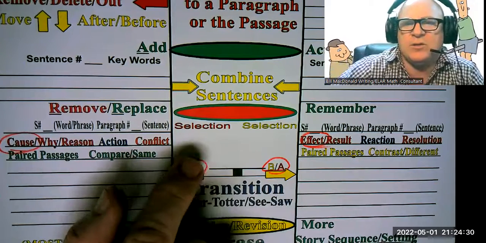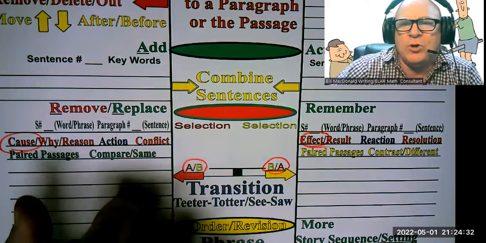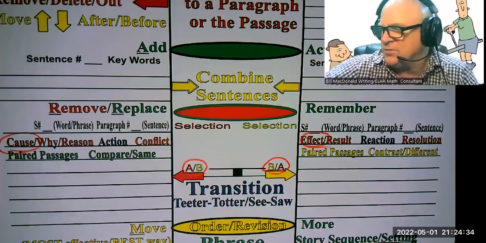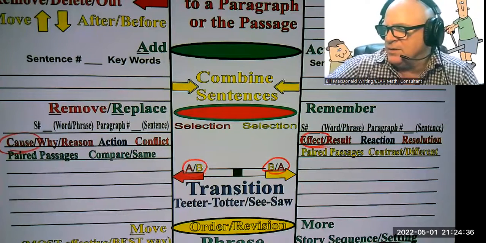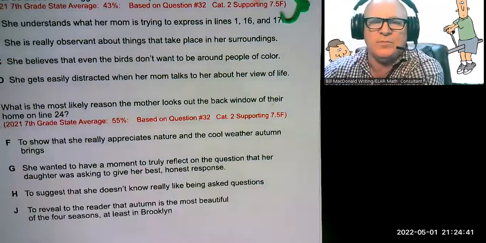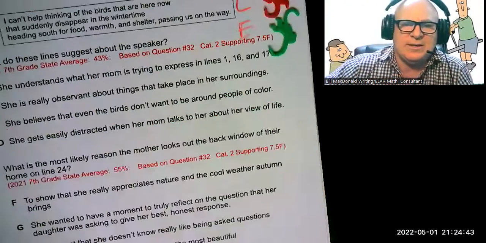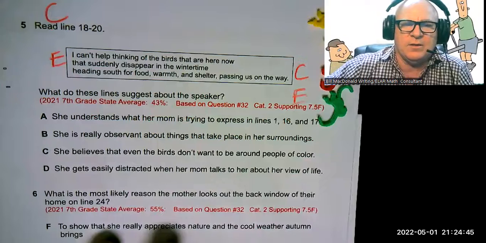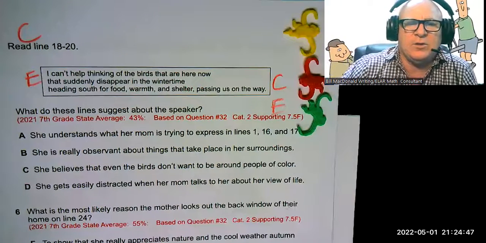And so unless your students can learn how to go backwards and forwards on a selection, they'll have a very difficult time with questions like this one that use 3 lines.